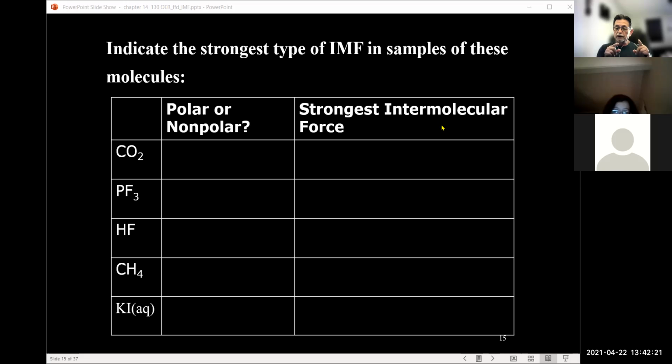If you have polar bonds and they cancel each other out, then it's nonpolar, okay? And in order to determine that, we sometimes need to draw the Lewis dot structure.